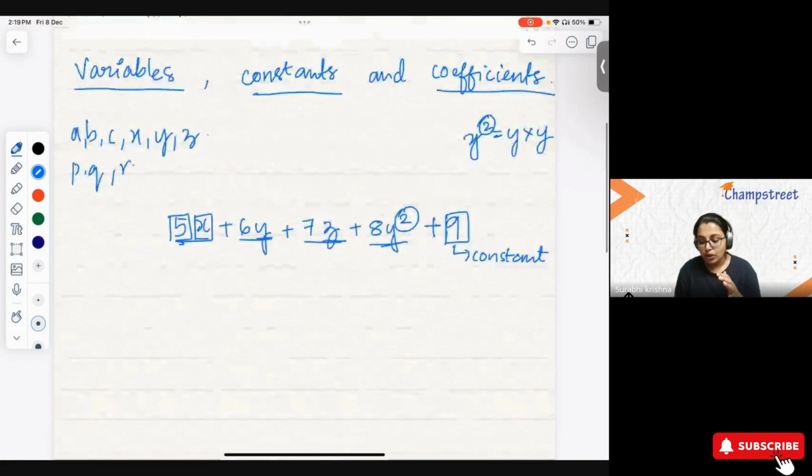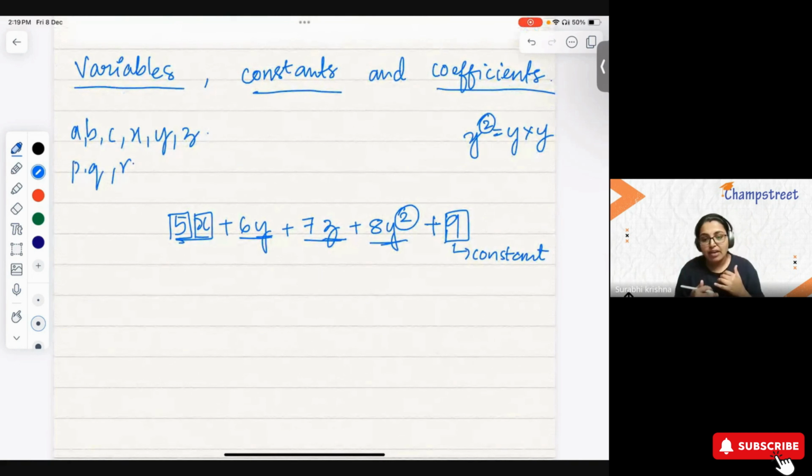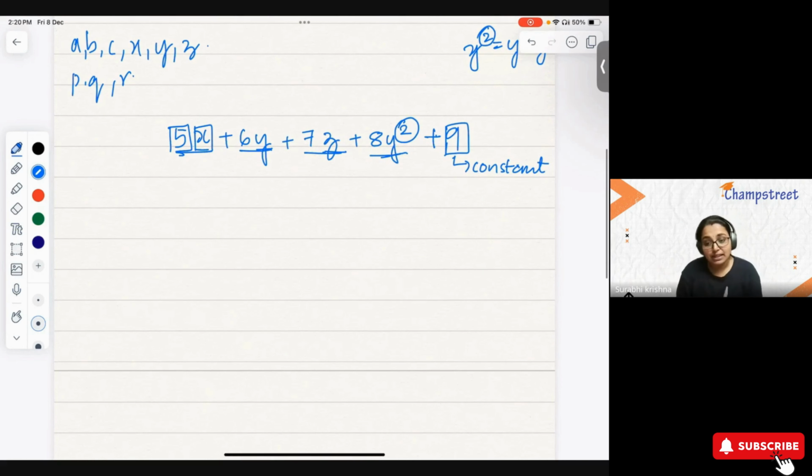So till now we have learned what are variables, constants, and coefficients. Correct? So now comes another main condition for the polynomial. The polynomial should contain what? Variables, coefficients, constants, right?